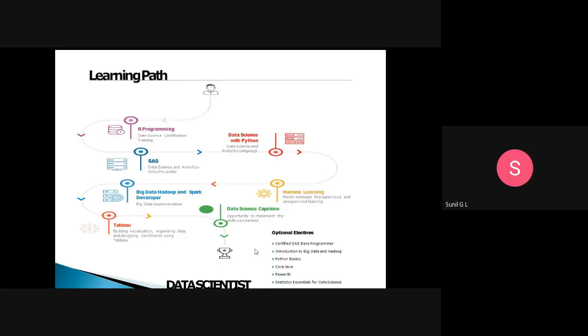If you become a master of these things, no one will touch you in industry, surely I will tell. And if you are able to do some real-world projects, you will get lakhs of rupees. That's why I told you that machine learning is very important.